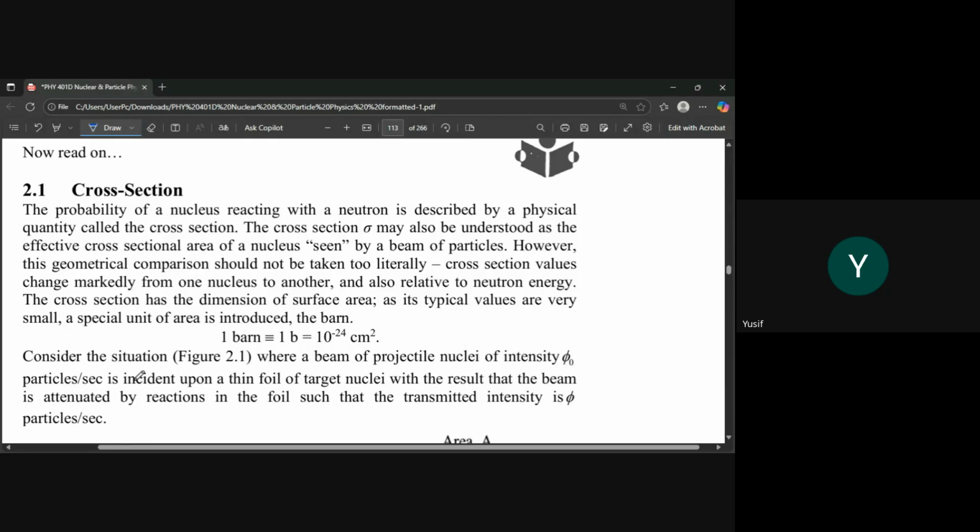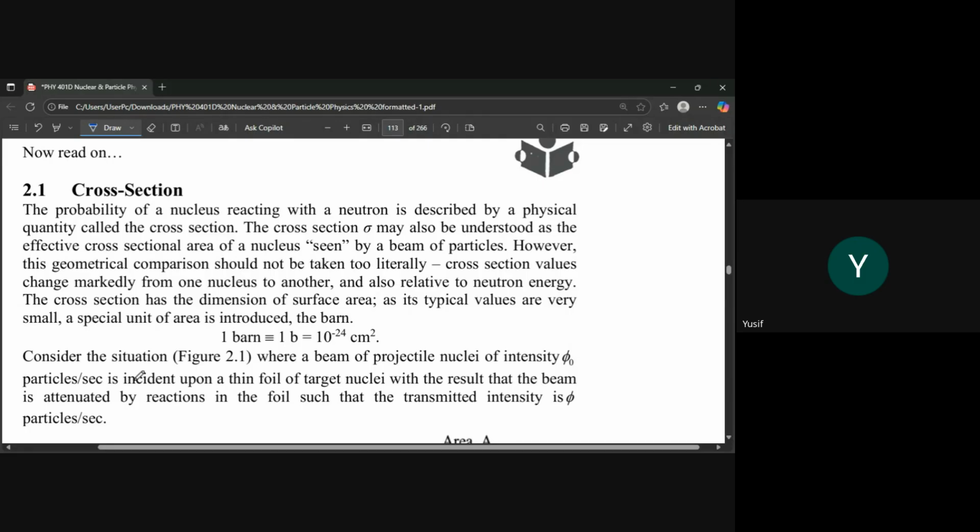The cross section may also be understood as the effective cross-sectional area of a nucleus seen by a beam of particles. So if you have a radiating object or a radiating atom, and you're able to find the cross-sectional area of that radiating atom, then we are talking about the cross section.